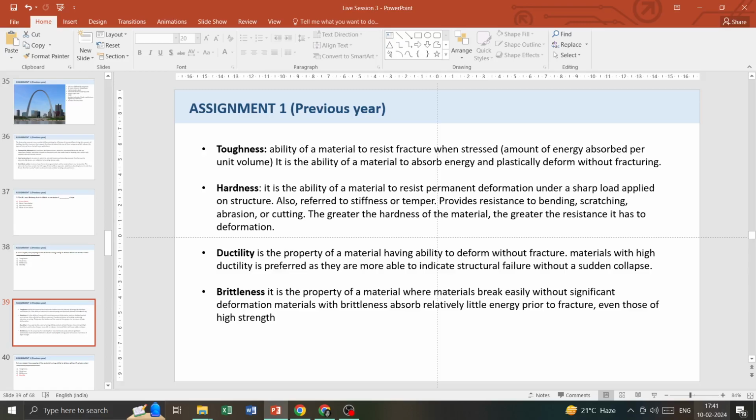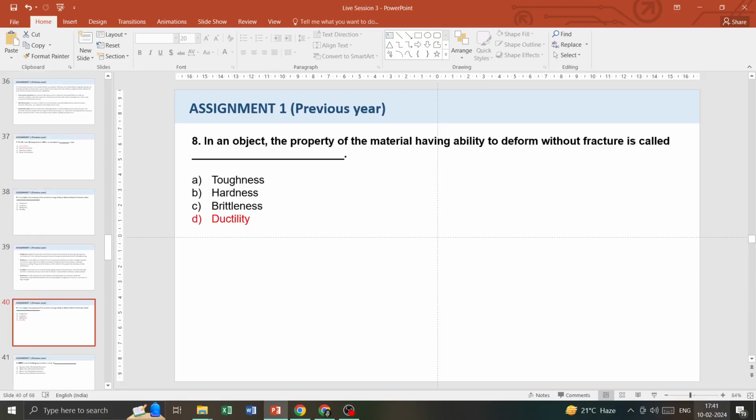So when that indication occurs, that there can be a structural failure, that can be used to assess the damage and avoid the damage instead of a sudden collapse. Whereas in a brittle material, it will suddenly fracture when enough force is applied to it without deformation. So the answer is ductility.